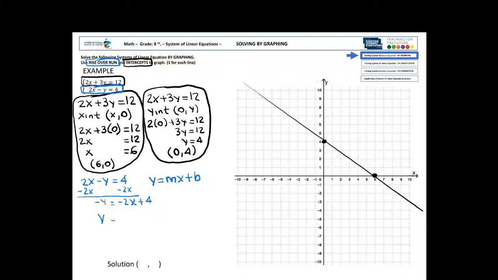So y equals 2x minus 4. Now this number here is the slope, and this number here is the y-intercept. The slope is 2/1, and the y-intercept is -4.